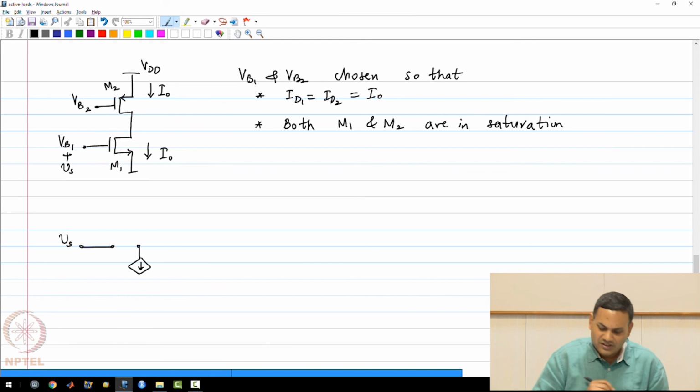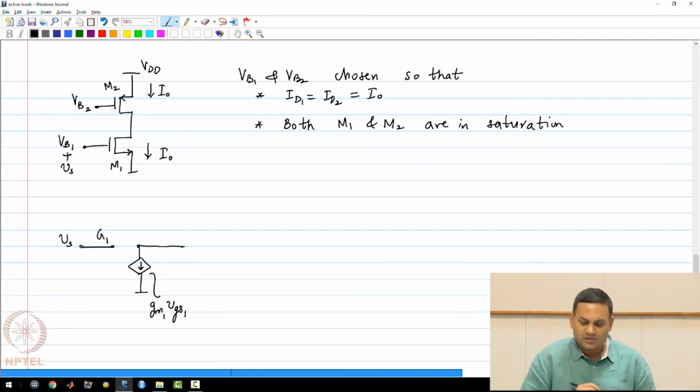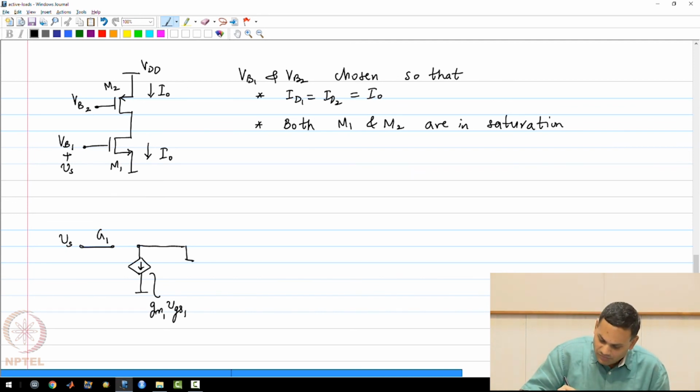So I have a voltage Vs which is applied to the gate of M1, and there is a current source which is GM1 VGS1 and RDS1 of M1.